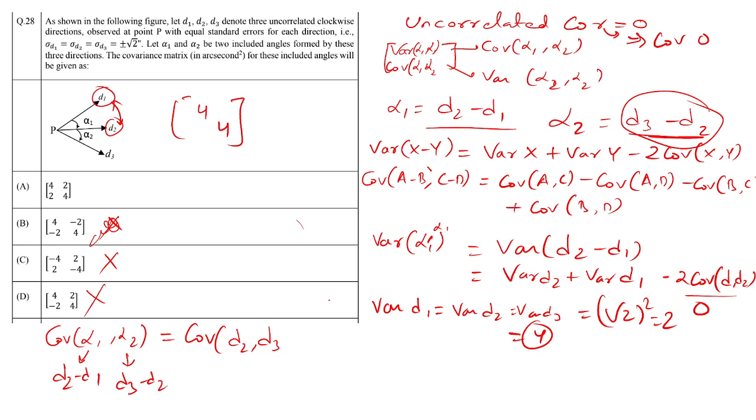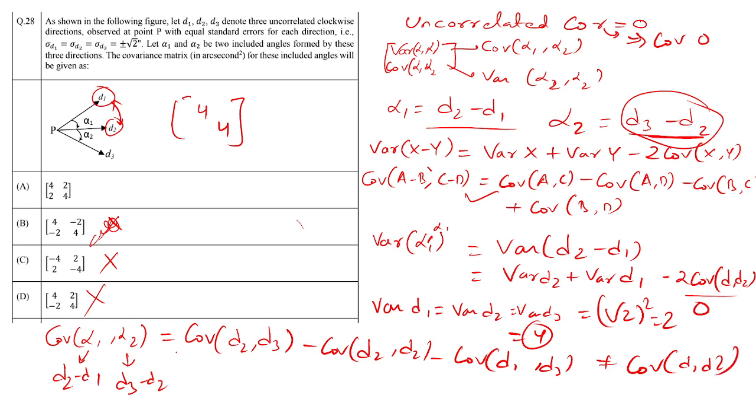We can expand this by the formula: covariance of d2 d3 minus covariance of d2 d2 minus covariance of d1 d3 plus covariance of d1 d2.